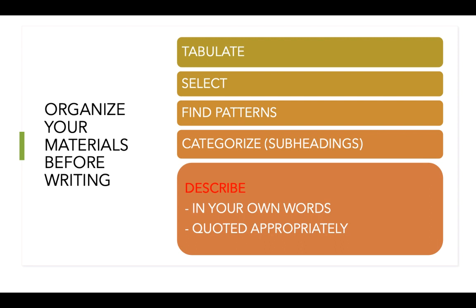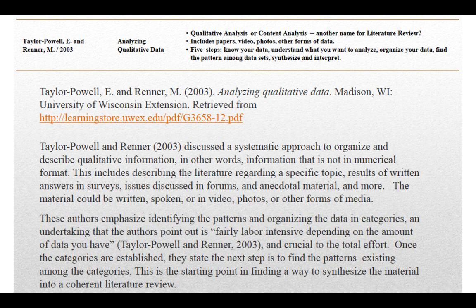Let's take a look at an example here. The first paragraph here is what we call paraphrasing, which is to summarize whatever you have read in your own words. And this is what we call direct quotations.